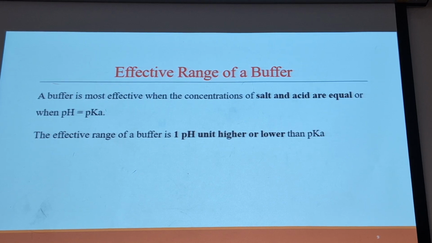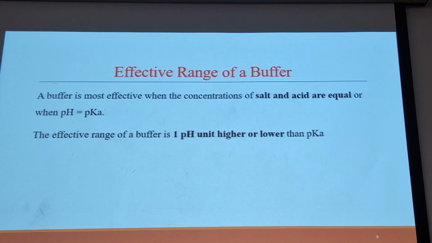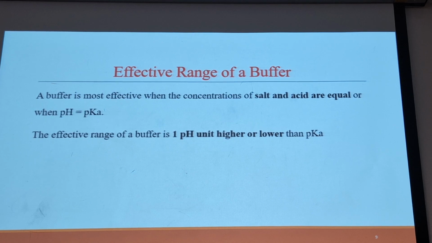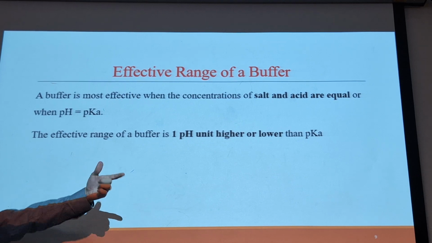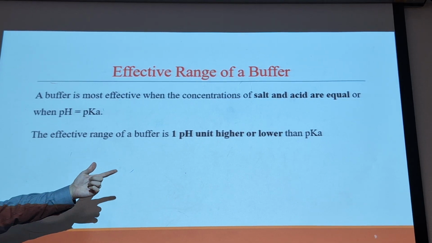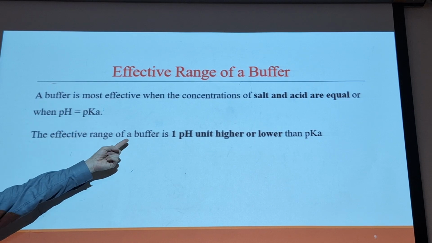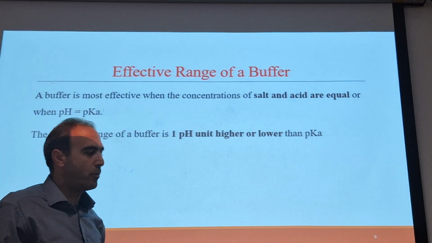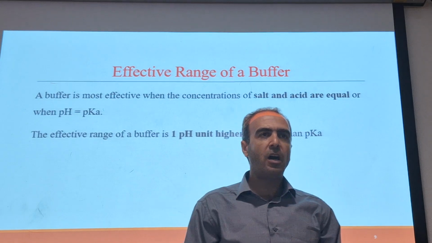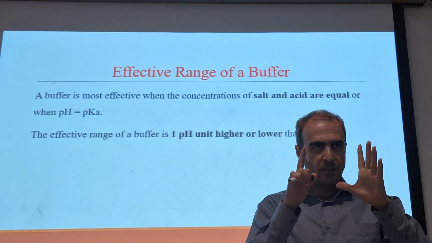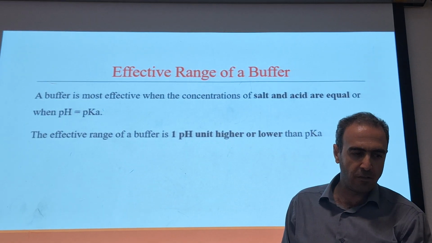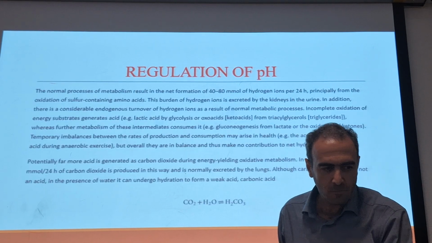In that buffering region, by adding base, the buffer resists the change in pH. But if you increase too much, the buffer cannot do anything. So this range, pKa plus or minus 1, is the highest capacity, or effective range, of the buffer.